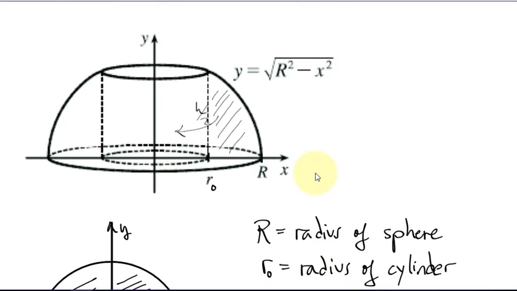So it'll be very much like in this picture here, where remember R0 I've now named as the radius of the cylinder, and I'm going to need to describe this sphere as a surface in three-dimensional space.